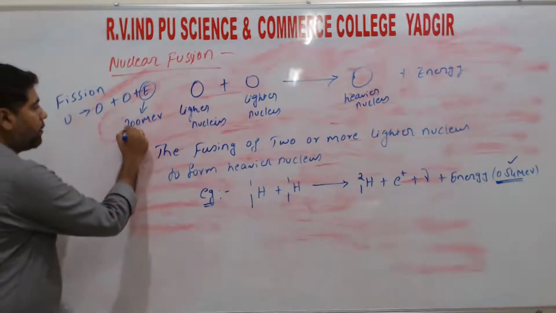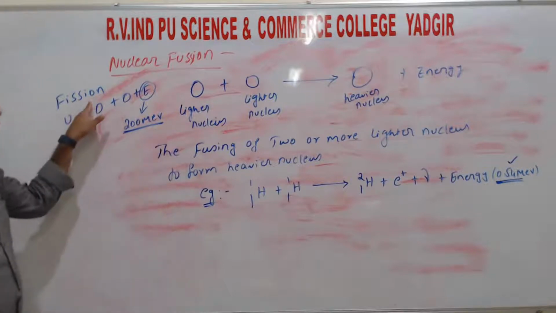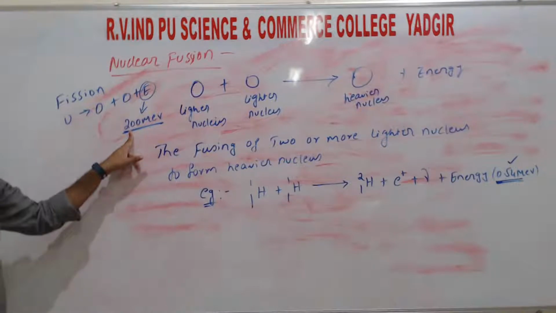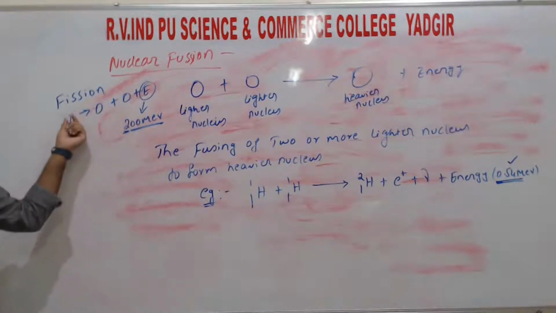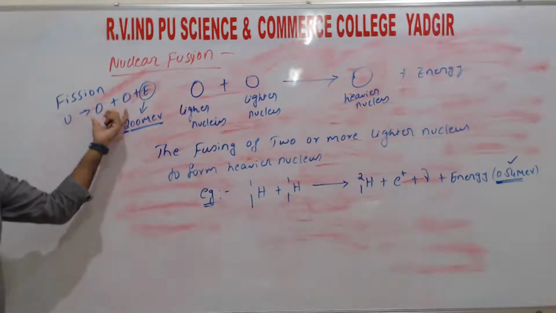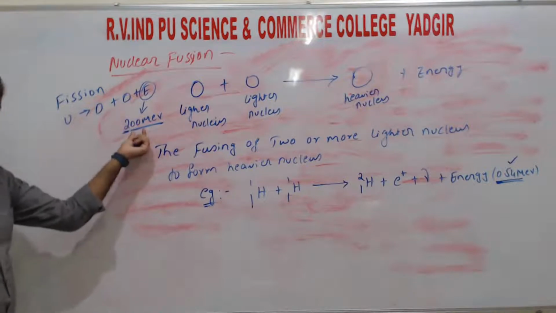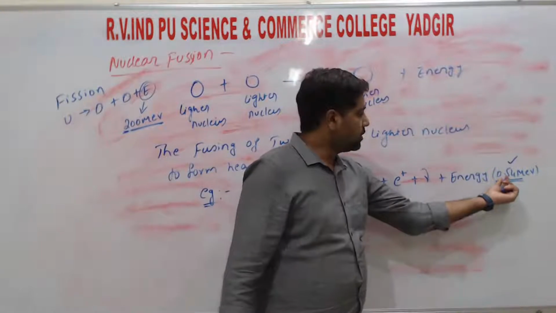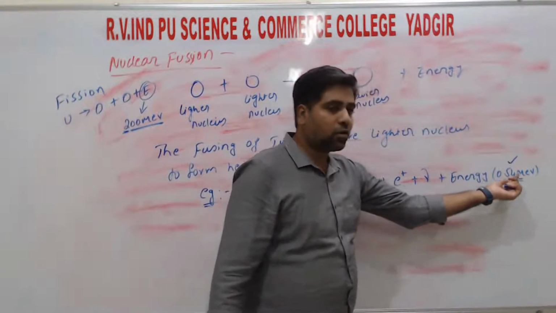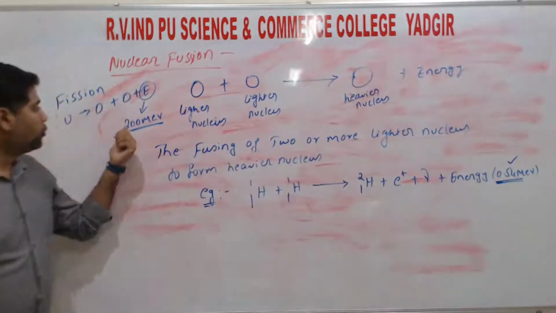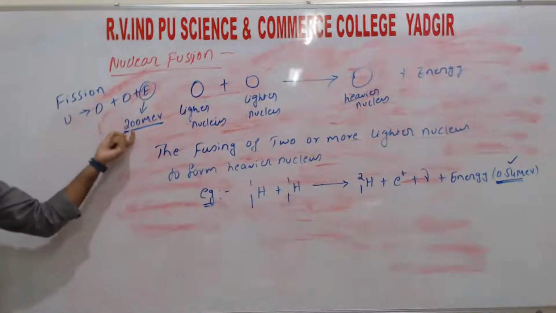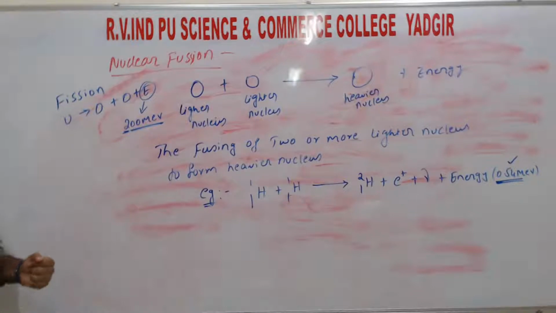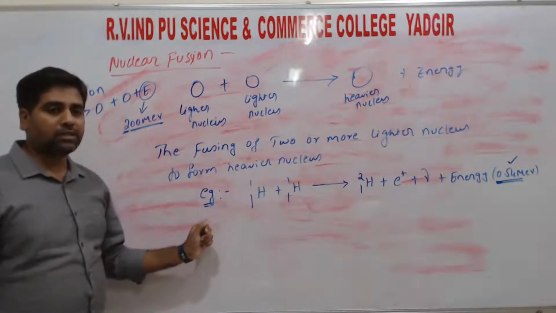So if we compare the energy in fission to fusion, in fission the energy released is 200 mega electron volt when one nucleus splits into two nuclei. This energy is more compared to the fusion energy, which is only 0.5 mega electron volt. So this is one example, right?